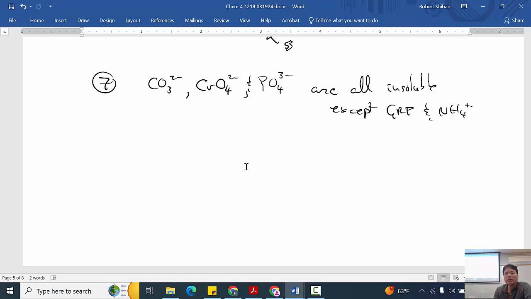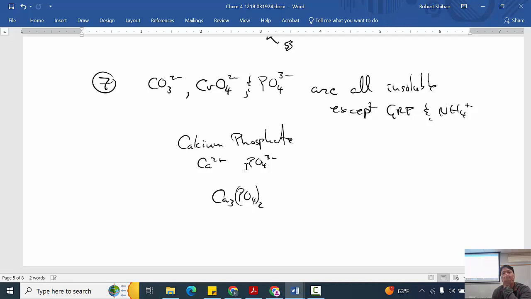And so let's take a look at phosphate. Let's look at calcium phosphate. What's the formula for calcium phosphate? Soluble or insoluble?